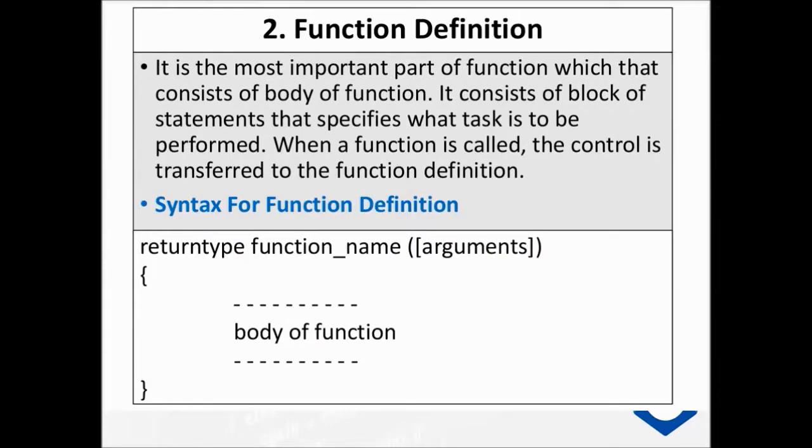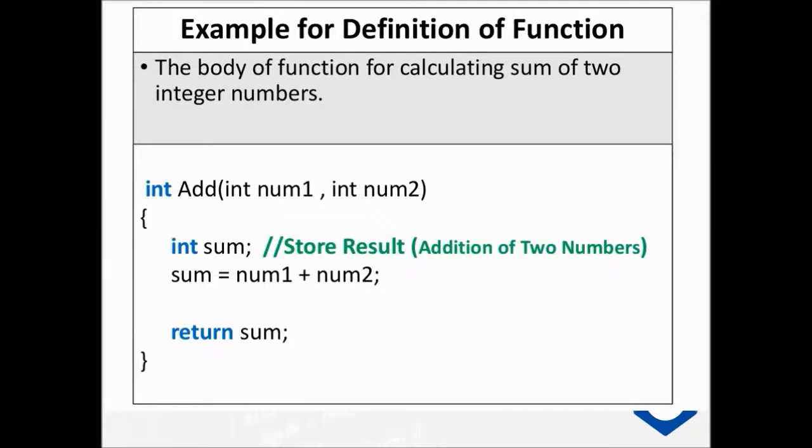The syntax of the function definition is: return type, function name, and the argument list, and then in the curly braces we write the body of the function. Here is an example of the definition of a function.